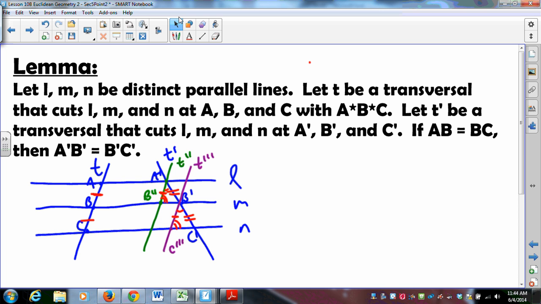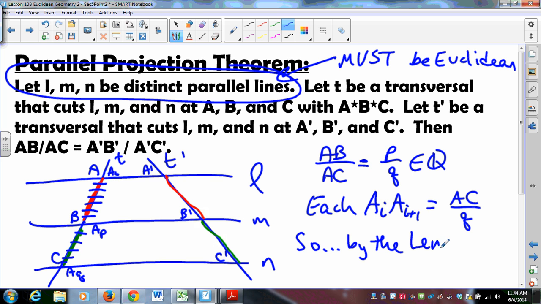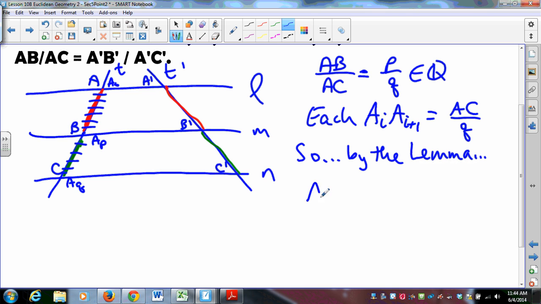So that lemma, now back to our proof, that lemma means that by the lemma, each A prime i to A prime i+1 has length A prime C prime over Q for each i.